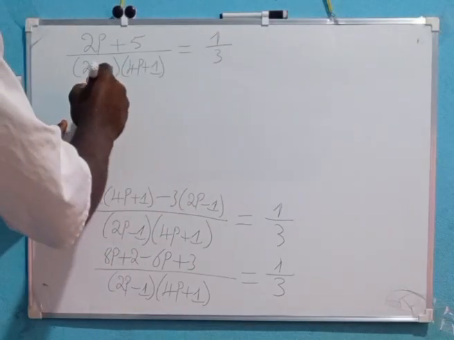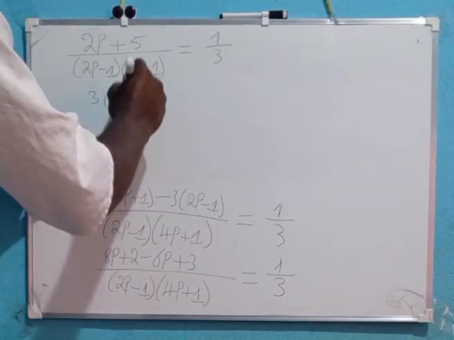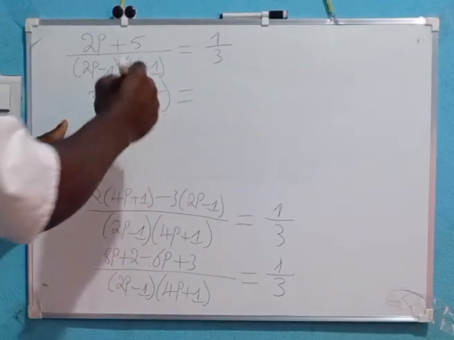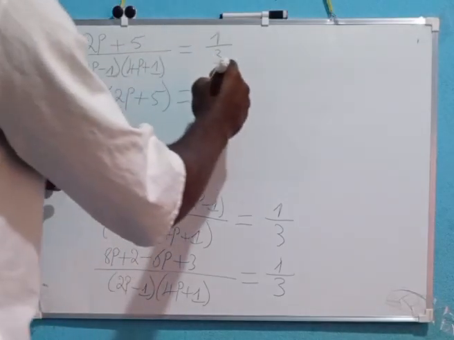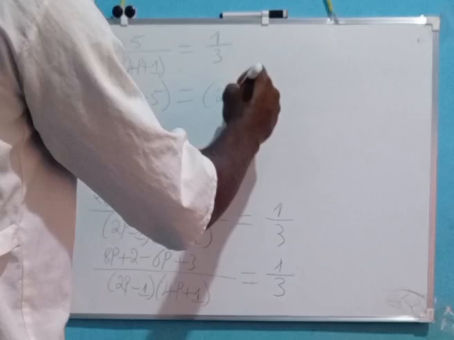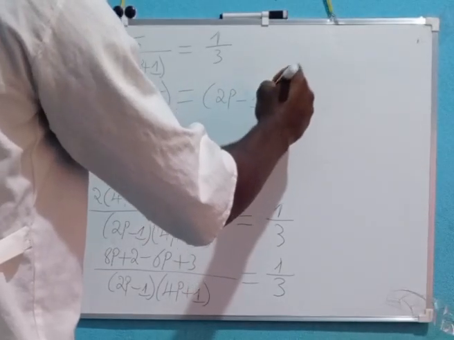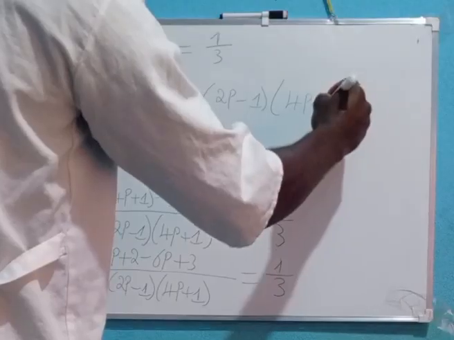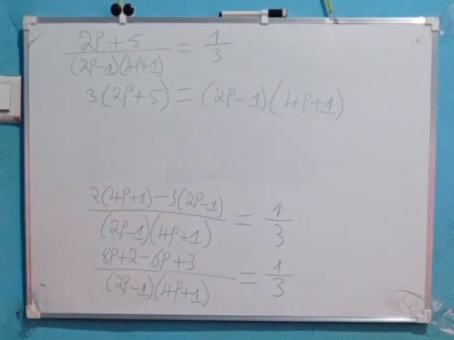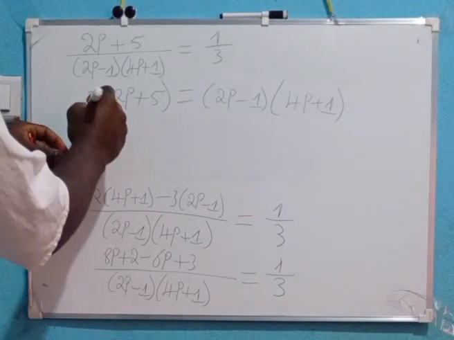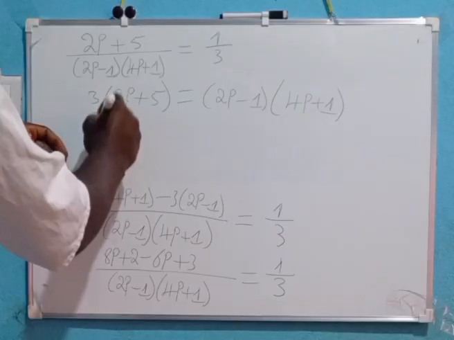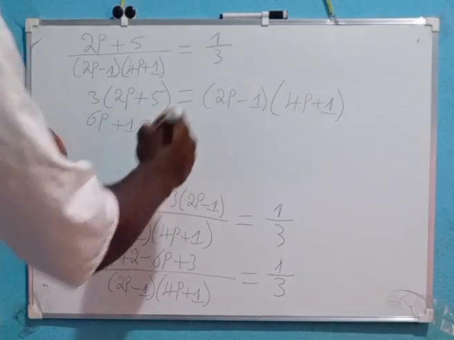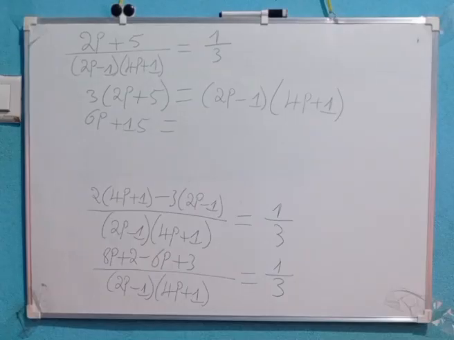So this will give us 3 times 2p plus 5 is equal to 1 times 2p minus 1 times 4p plus 1. Expanding this bracket, it gives us 6p plus 15 is equal to, at the right hand side, we are going to expand the bracket.